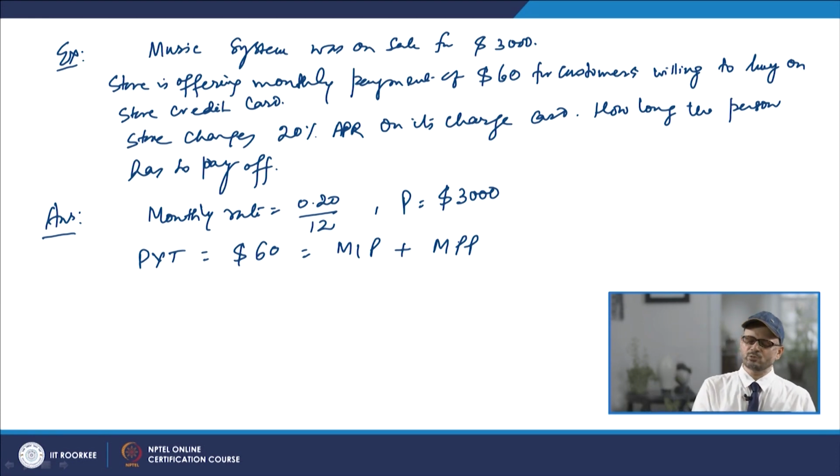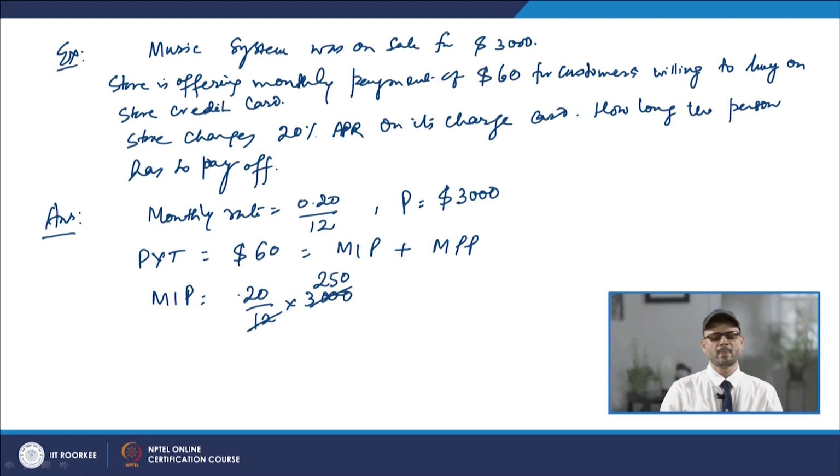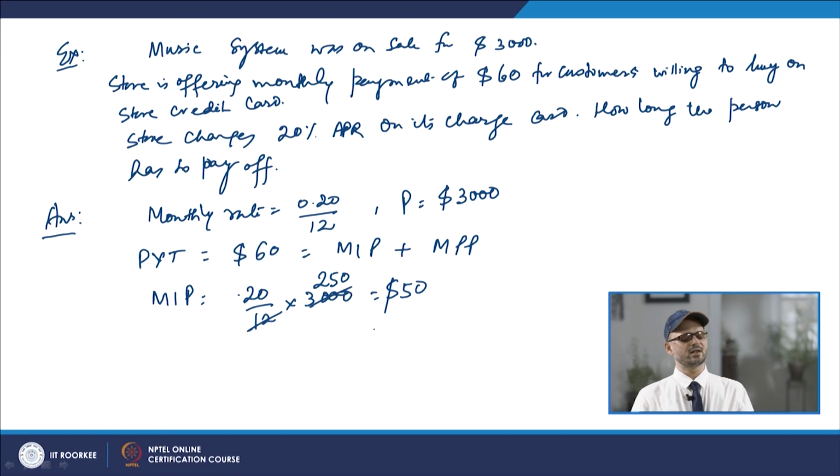It will be 0.20 by 12 into 3000, which comes to $50. So $50 is the monthly interest portion.